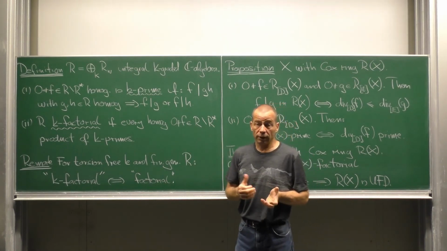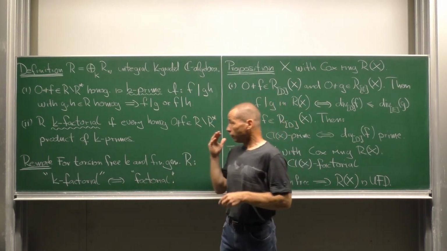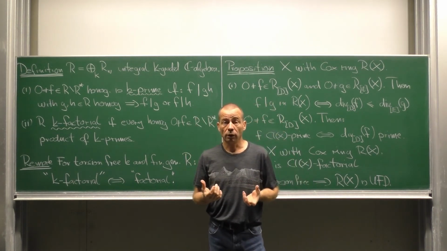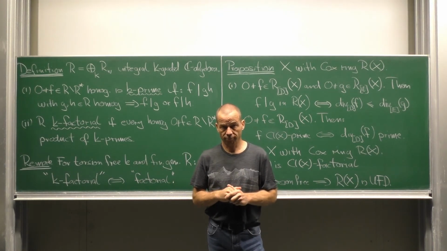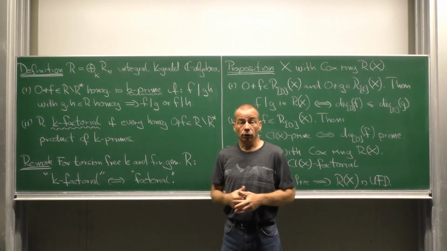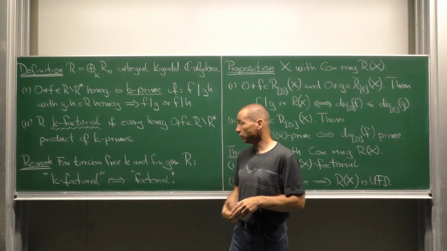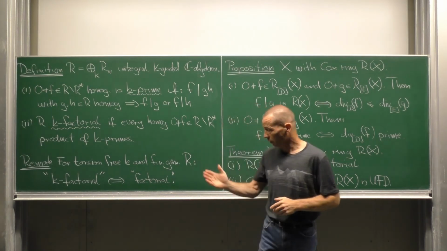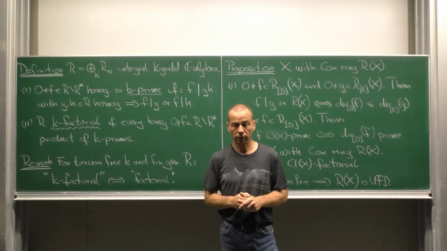The algebra R is called K factorial if every homogeneous non-zero non-unit is a product of K prime elements. If the grading group is torsion-free and the algebra is finitely generated, then the notions of being K factorial and factorial, that means unique factorization domain, are equivalent.